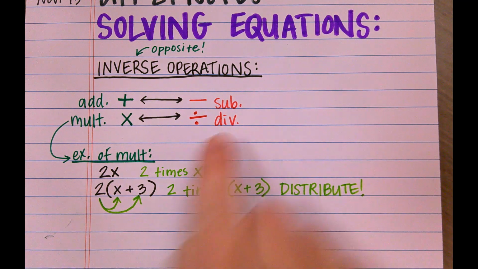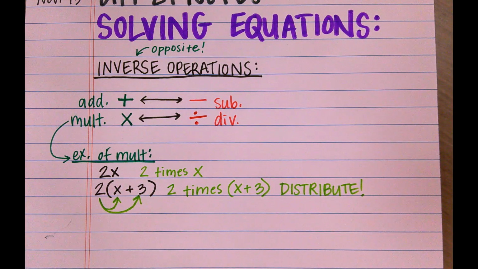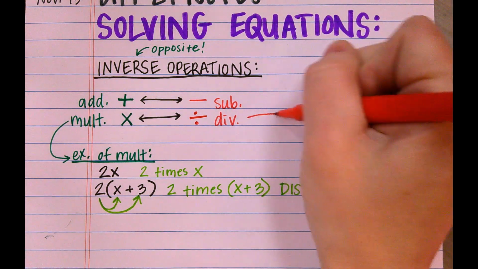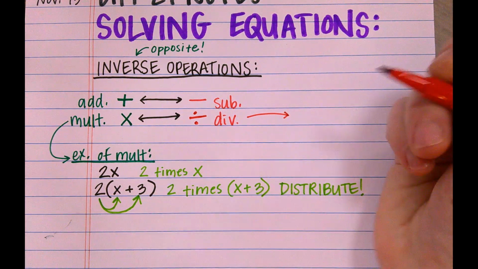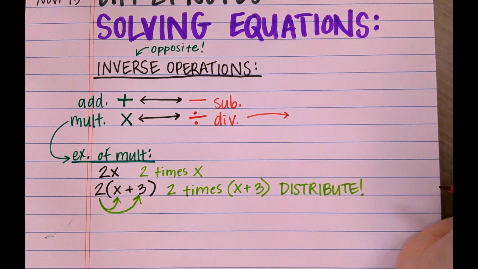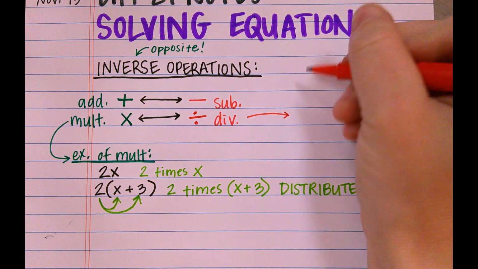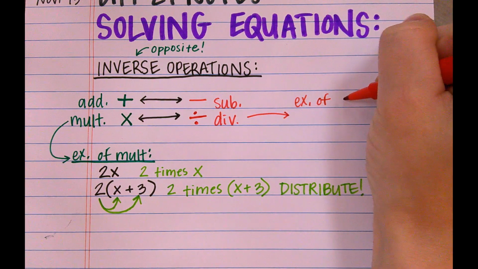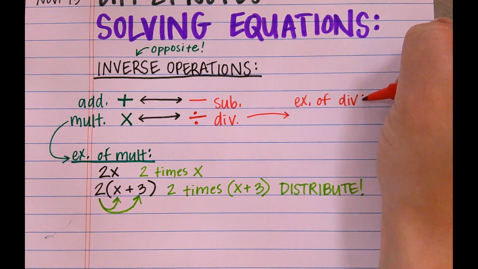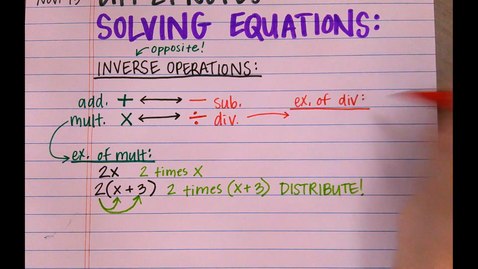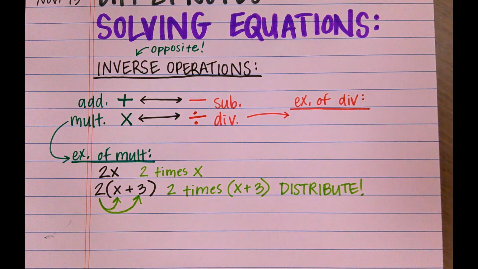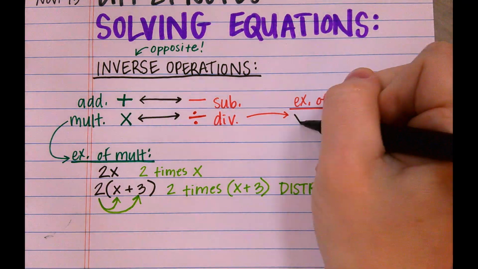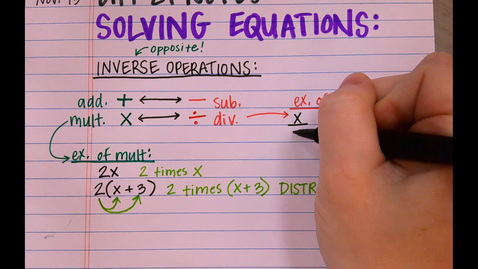And division, I'm going to make an example of that as well. The only thing that I think can get mixed up with division is when we see it as a fraction. So I'm going to write an example of division. Let's say I have x over 4.